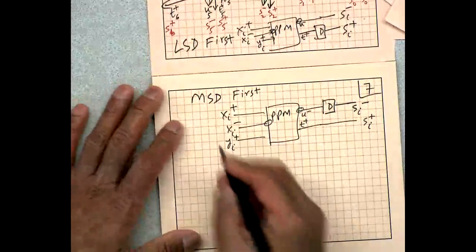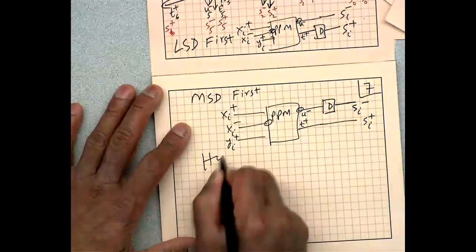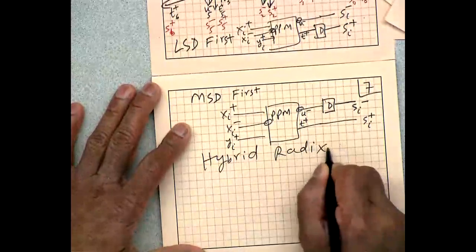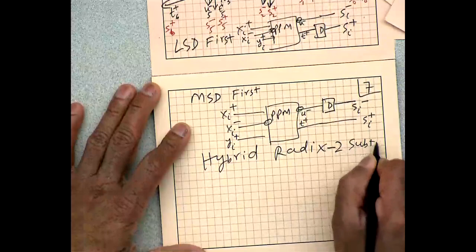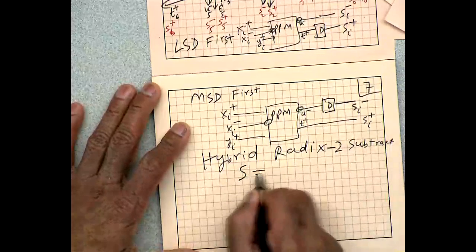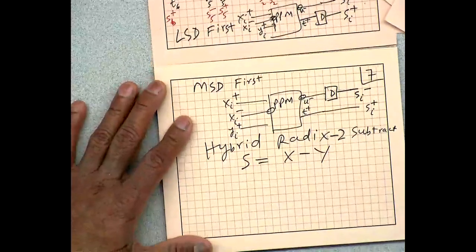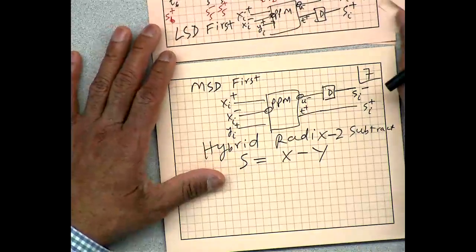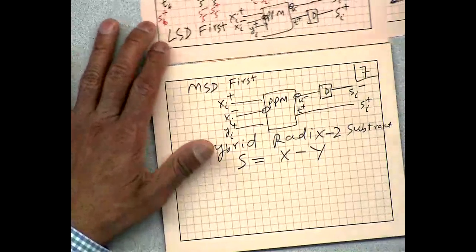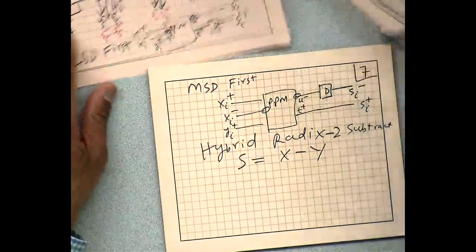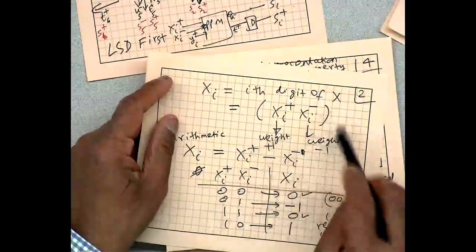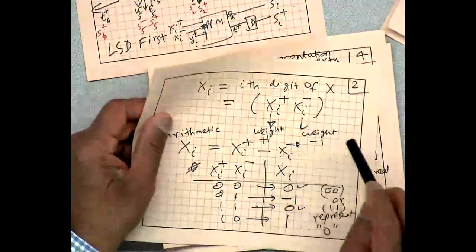Okay, so now we have talked about hybrid add. So let's spend a little time talking about hybrid radix 2 subtract. So I want to compute s is equal to x minus y, and x is exactly the same as before, which is the representation x plus and x minus. So x is represented using xi plus, xi minus, y is still unsigned, which is represented as yi plus.